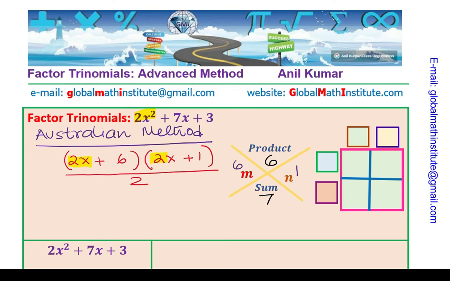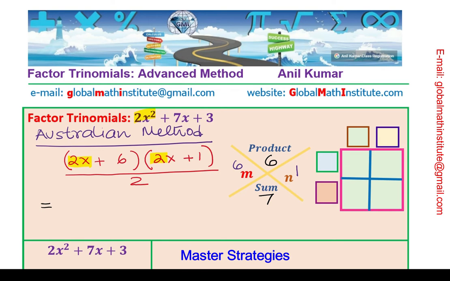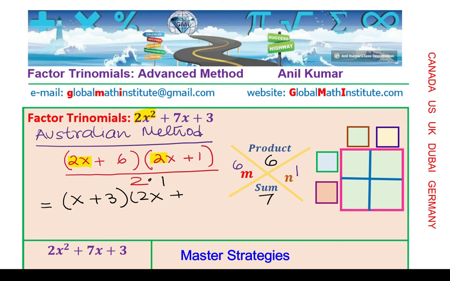Now, in this particular case, it is a very simple case. So when you divide, you can divide the first factor by 2, both these terms. So you can think like this, dividing the other one by 1. So what you get here is x plus 3 times 2x plus 1.